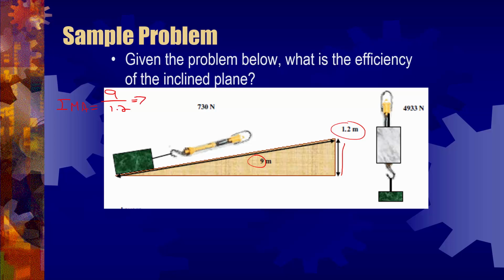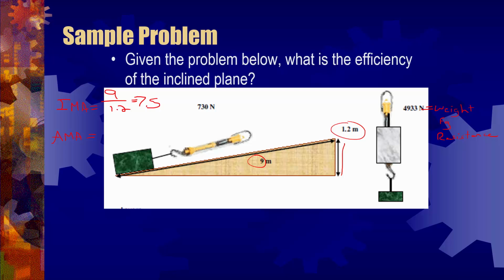Wow. 7.5. And the actual mechanical advantage is the weight of the object, otherwise known as the resisting force, otherwise known as, lots of things. So that's the weight. That's force of gravity. And that also just happens to be the resistance in this case.